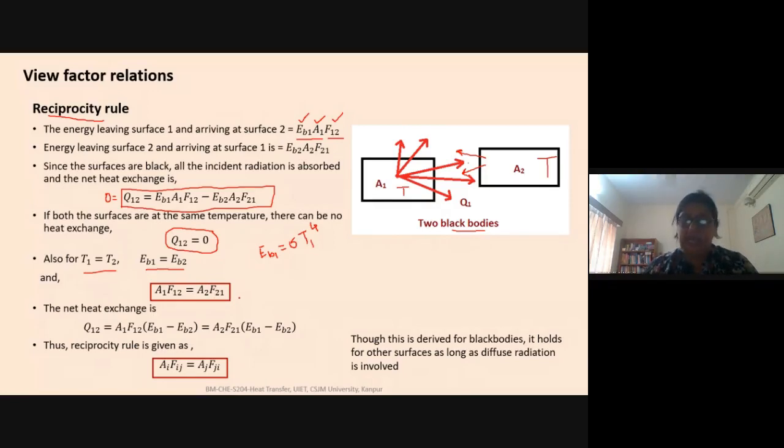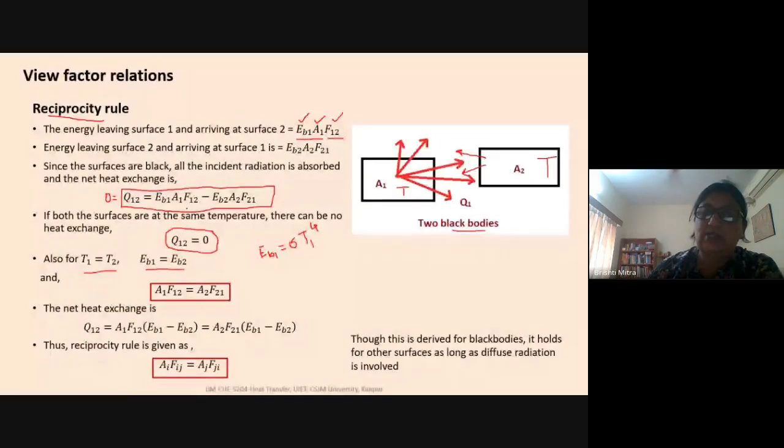If you look at this expression of net heat exchange, since A1 F12 is equal to A2 F21, we can take that as common. So A1 F12 is common, times EB1 minus EB2. Or you can write it as A2 F21, because they're the same thing.